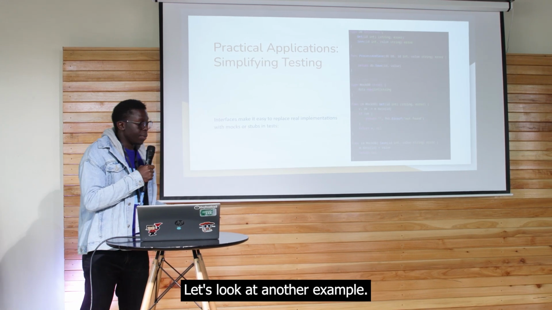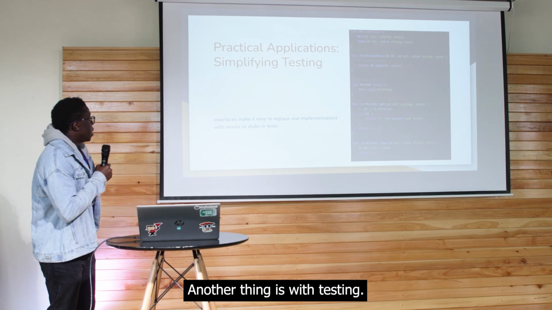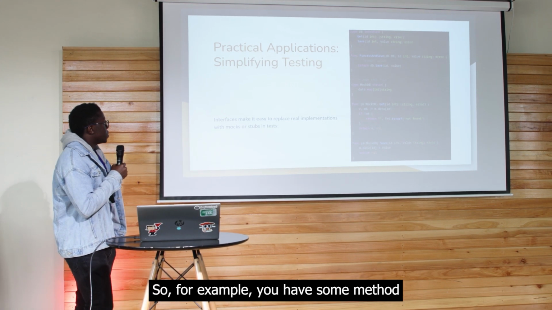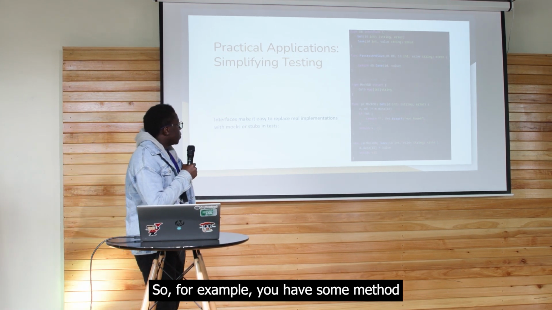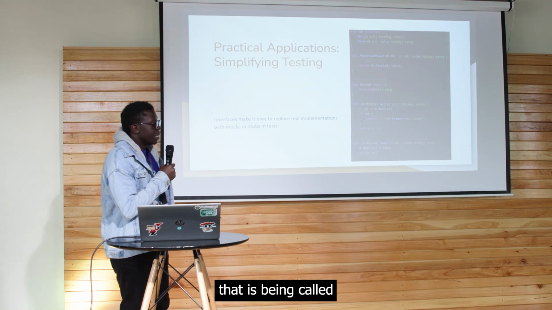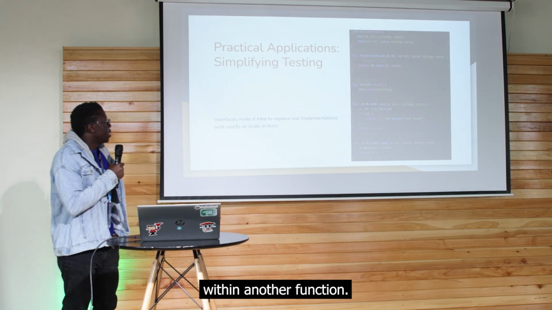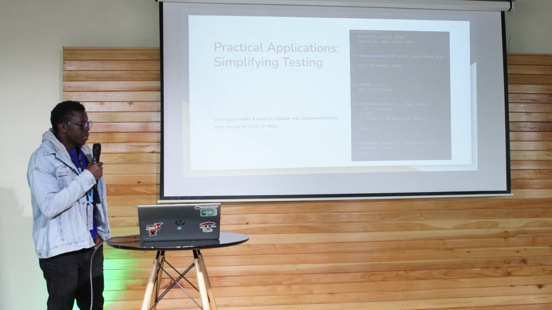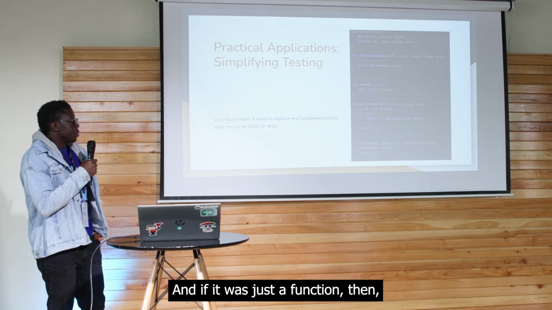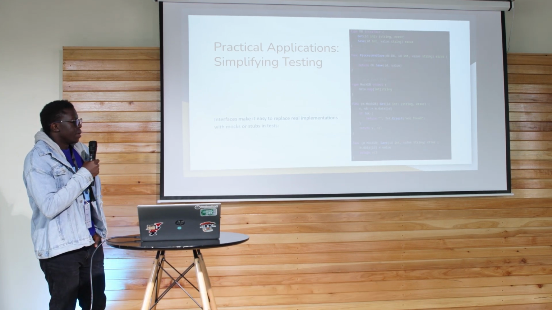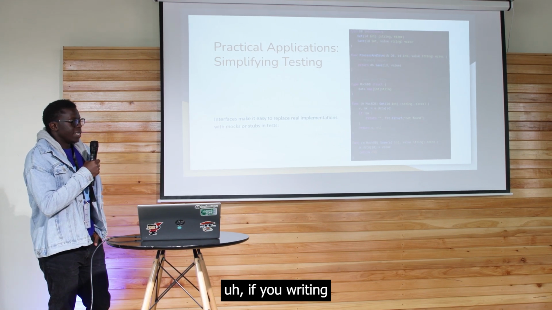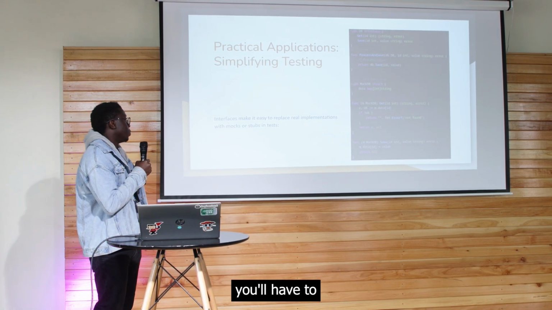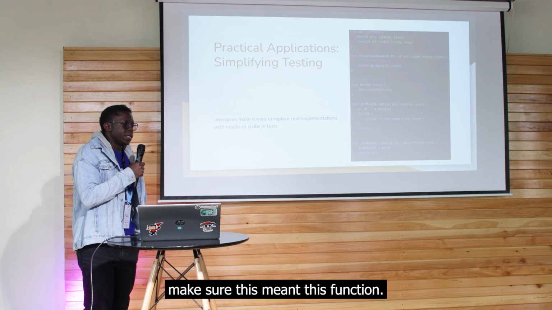Let's look at another example. Another thing is with testing. So for example, you have some method that is being called within another function. And if it was just a function, then if you're writing a unit test for this, you'll have to make sure this function will work.